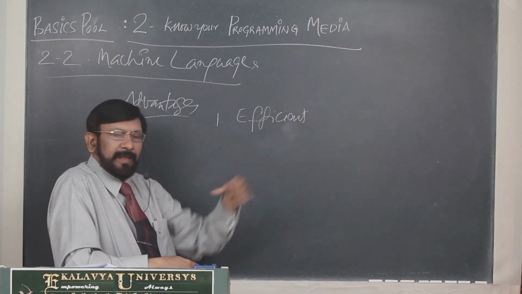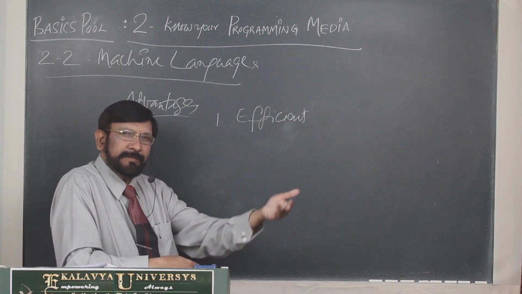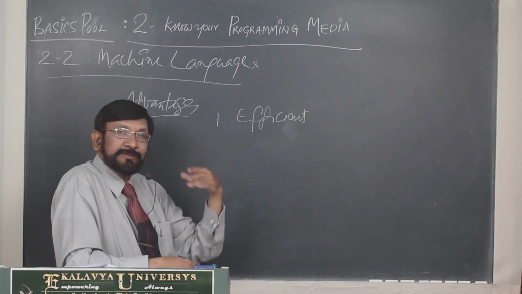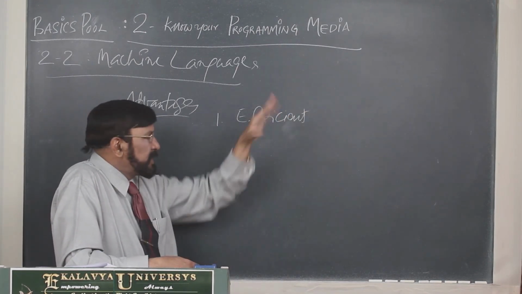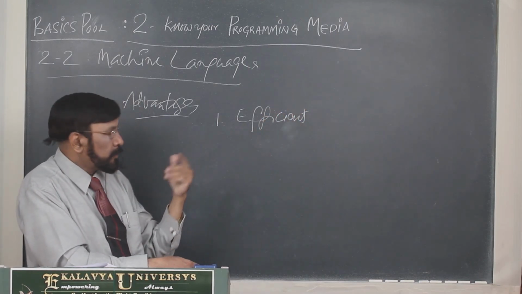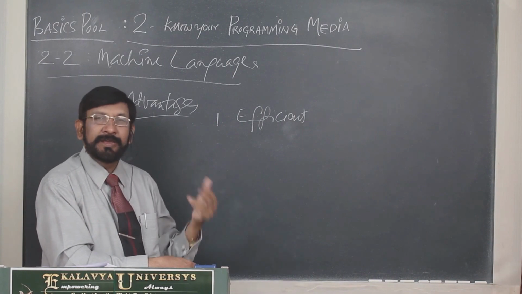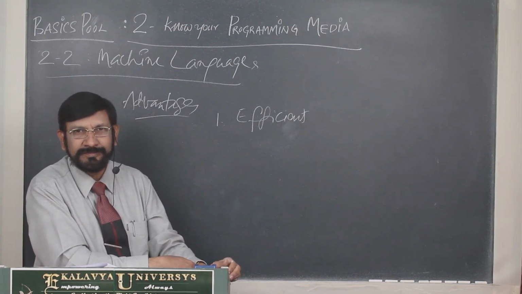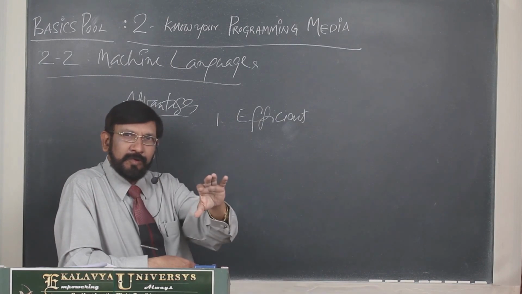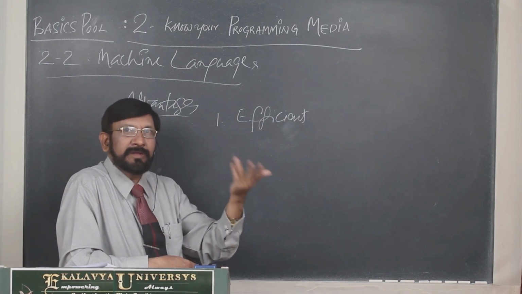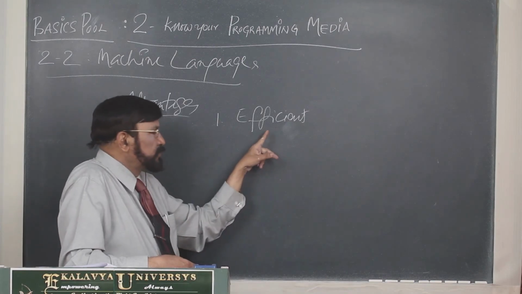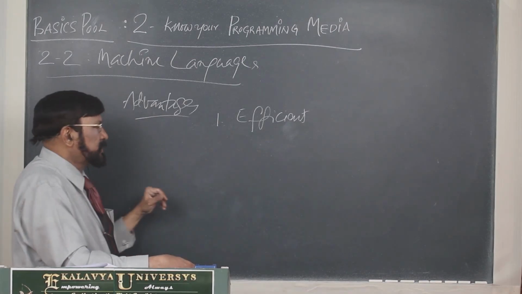That's why it can easily understand without any translation process, and it executes faster. Instantly it executes. That's why machine programs are very efficient in execution. But you must remember one thing: for development of the program, for a programmer, it is a very difficult task. But in view of the machine, it is executed very efficiently, very fast.